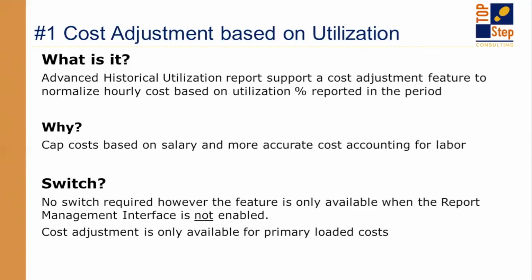Some accounting systems have a cost normalization or cost adjustment feature built into their functionality. OpenAir has it, but it's attached to a report, okay? So there's not even a switch to turn this feature on. You have to use it by using the historical utilization advanced report. And when you run this report, it is meant to give you a utilization value.